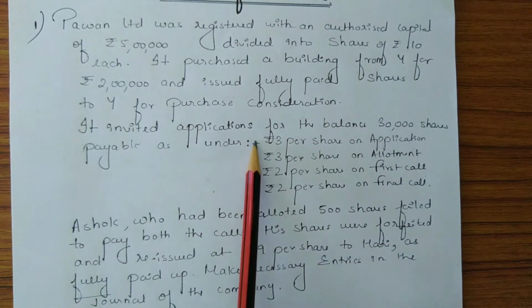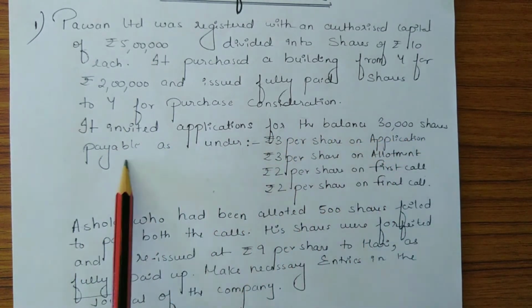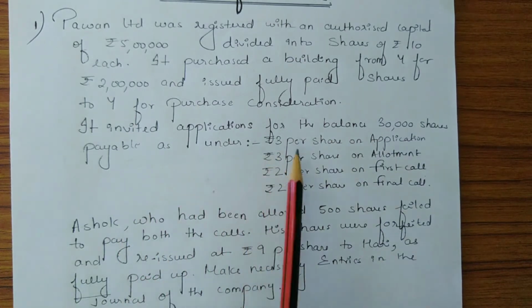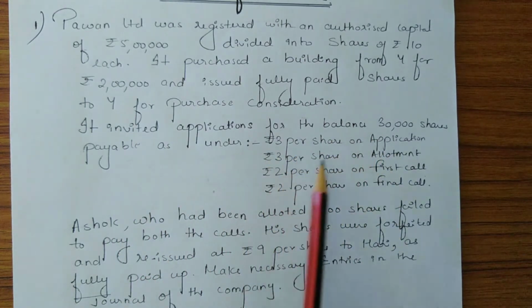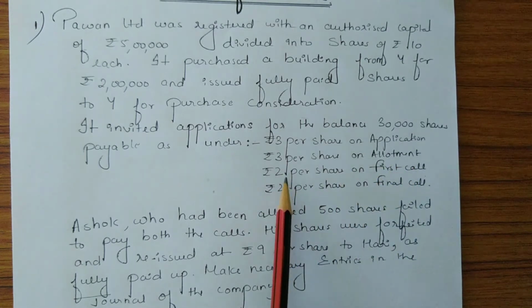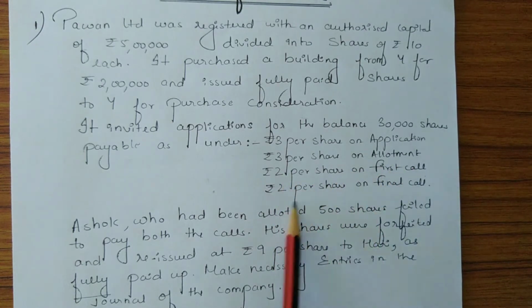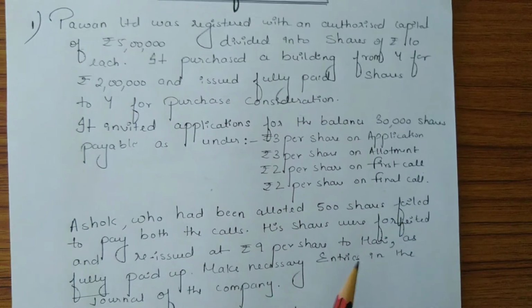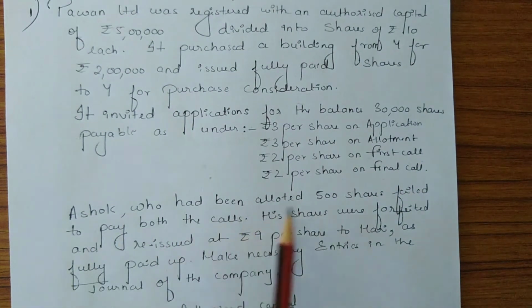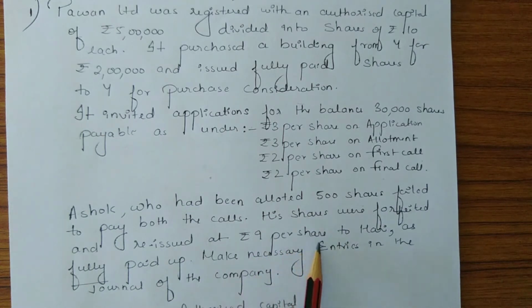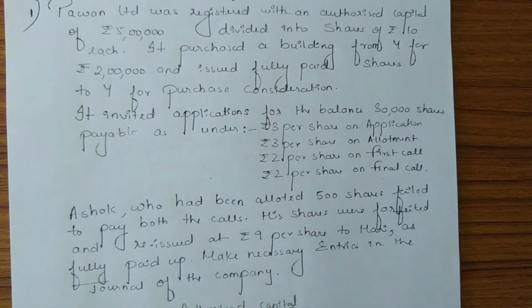It invited applications for the balance 30,000 shares payable as under: 3 per share on application, 3 per share on allotment, 2 per share on first call and rupees 2 per share on final call. Ashok, who had been allotted 500 shares, failed to pay both the calls. His shares were forfeited and reissued at rupees 9 per share to Hari as fully paid up. Make necessary entries in the journal of the company.